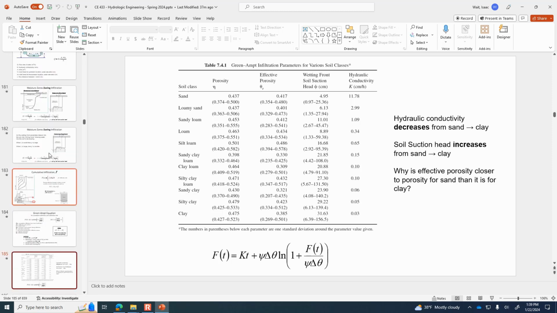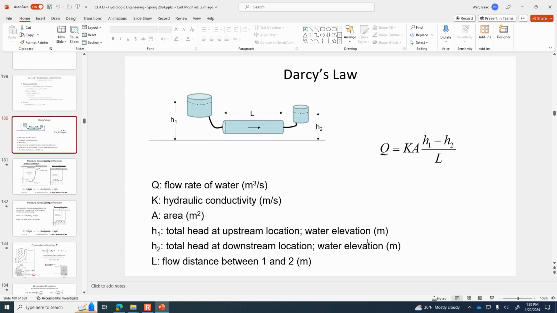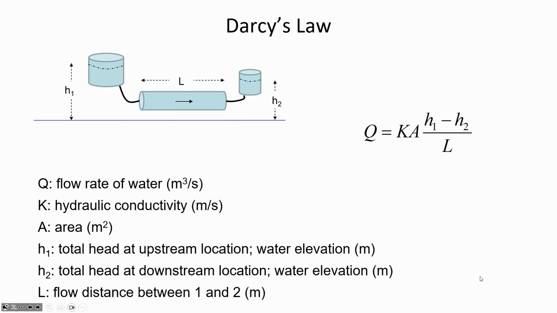If you think about head loss, like water flowing through a pipe, when there's a lot of energy loss due to pipe friction, then the velocity of flow will be lower. And the same is true if we're thinking about the direction that water is going to get through this column full of soil.